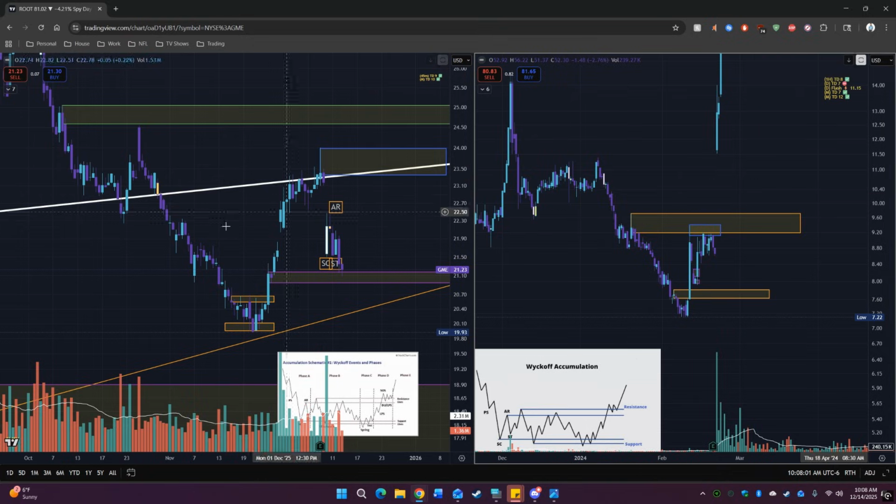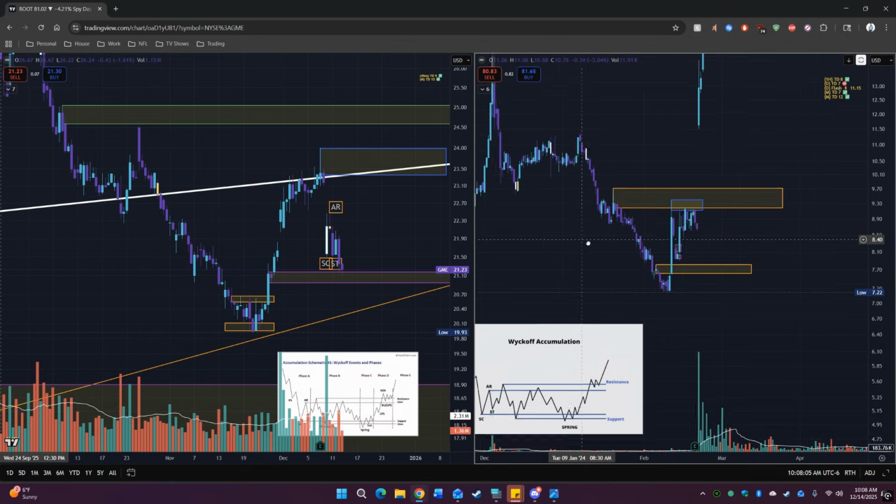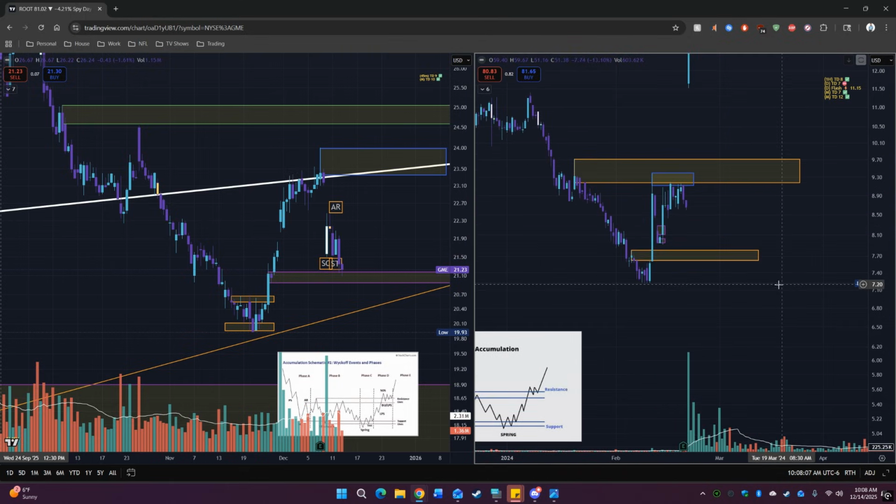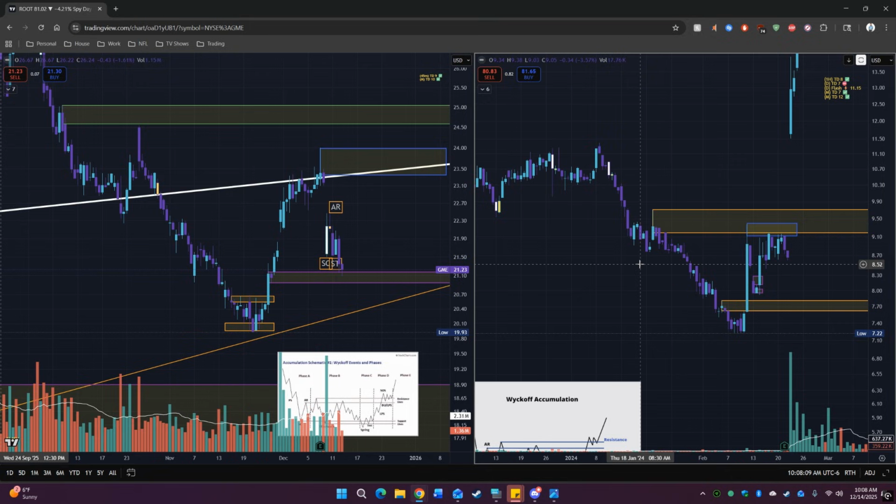Comparing GME and root, very, very similar structures. They both came through a previous lower high into a redistributive range with some stop loss hunting included on it.